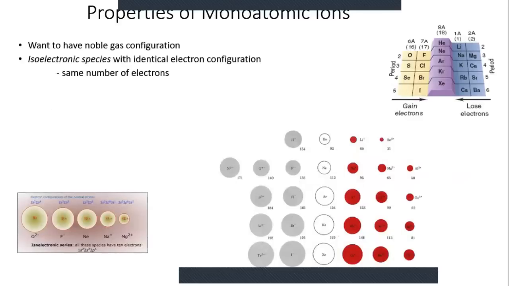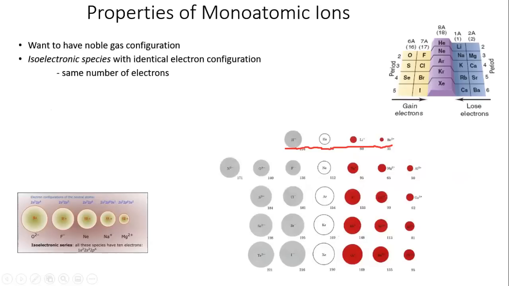So what you see here is each row has its own isoelectronic species. So for example, hydride, helium, lithium, and beryllium 2+, they're isoelectronic. Nitride, oxide, fluoride, neon, sodium, magnesium, and aluminum 3+ are isoelectronic.